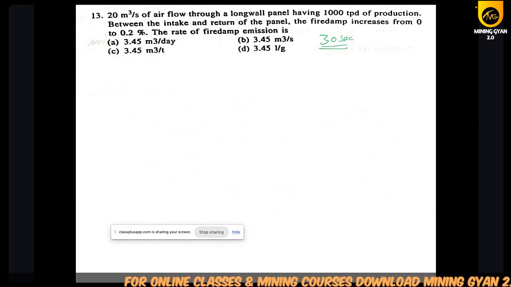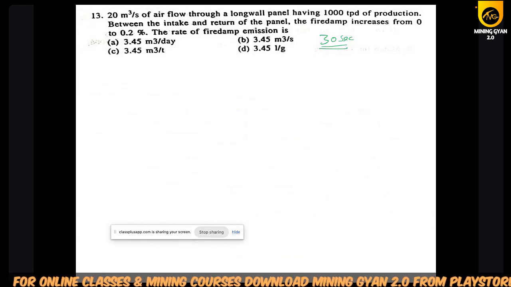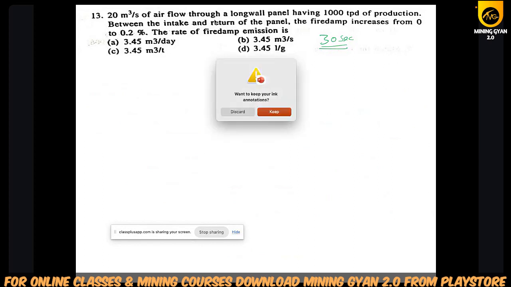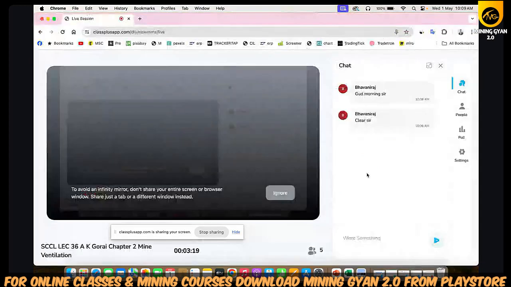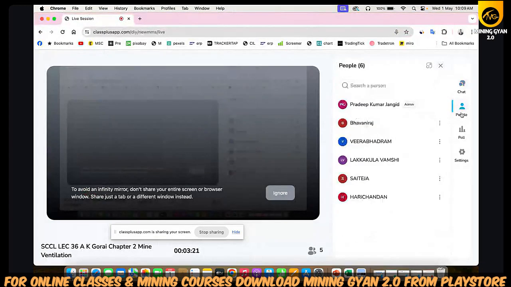Between the intake and return of the panel, the fire damp increases from 0 to 0.2%. You have to find the rate of fire damp emission. Try at least.